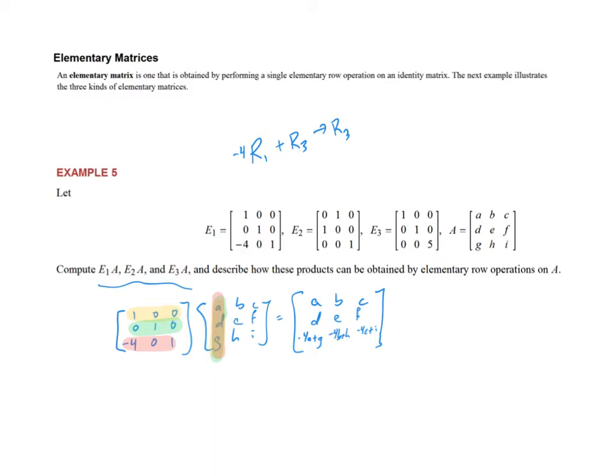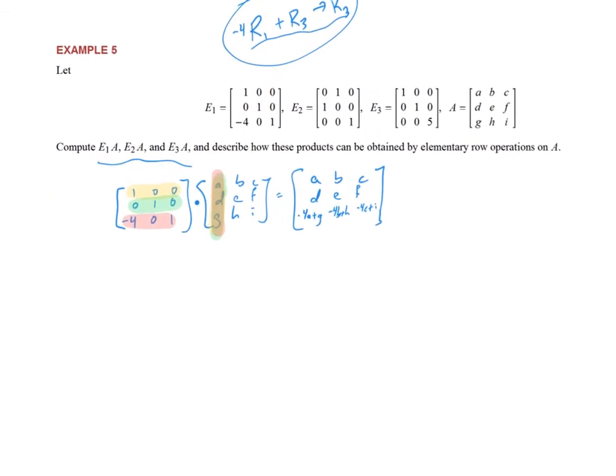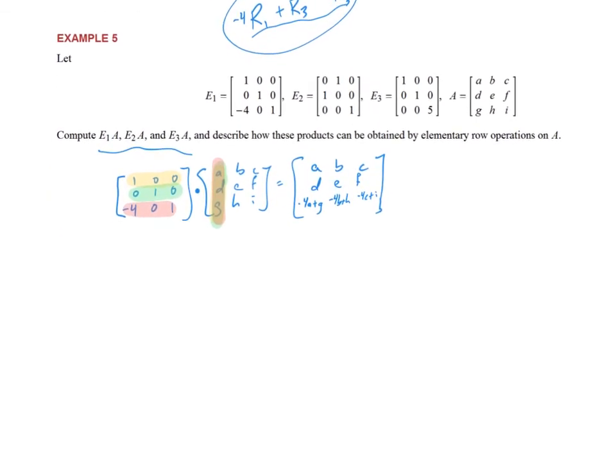What these elementary matrices are showing is that a row operation, I can also express as a product of two matrices. So instead of writing out the row operation, I can say, well, I just multiplied the elementary matrix times whatever my matrix is. Okay, so that's what we're kind of seeing with this example.